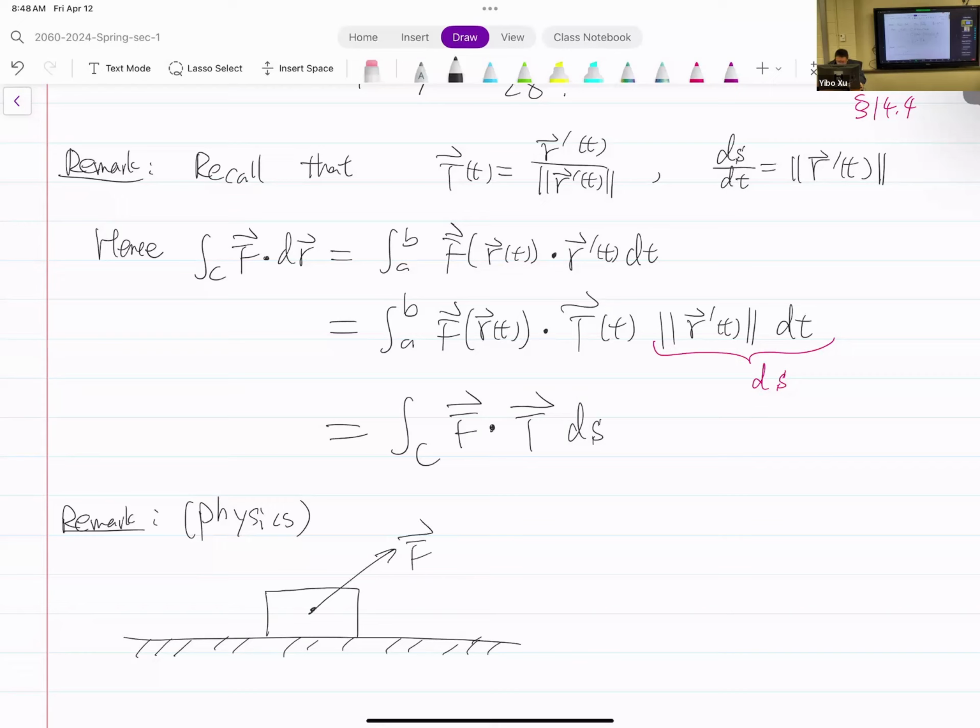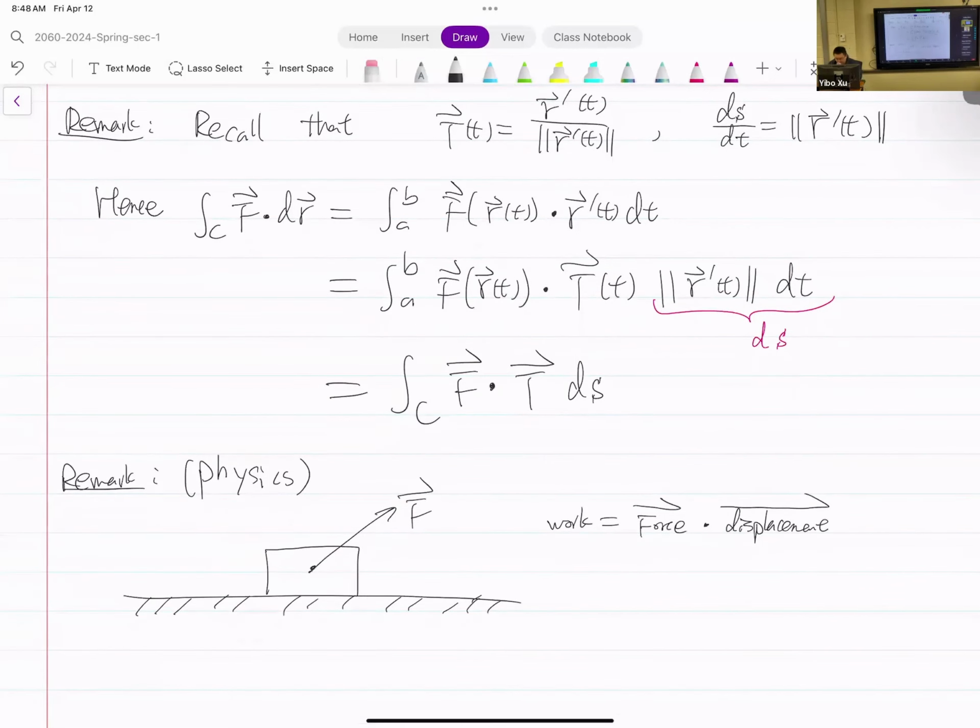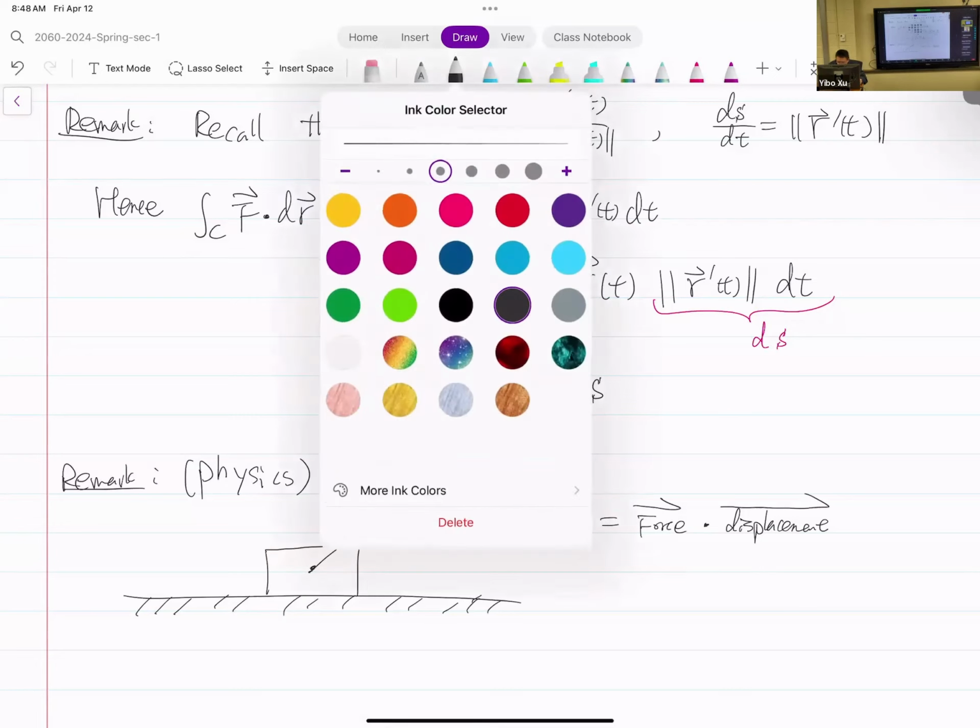We know that the work equals the force, as a vector, dotted with the displacement. That's a vector. And basically, if you accumulate the work, this is just accumulating the force at every location, dotted with the tiny increment of the displacement of the object.